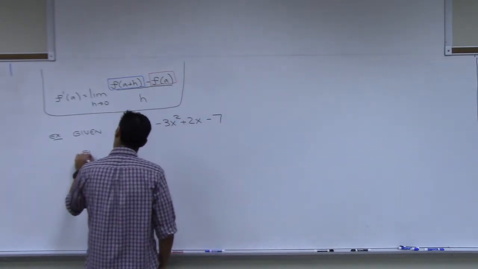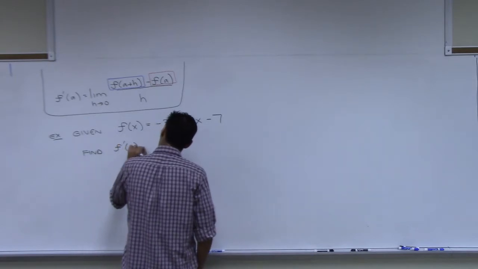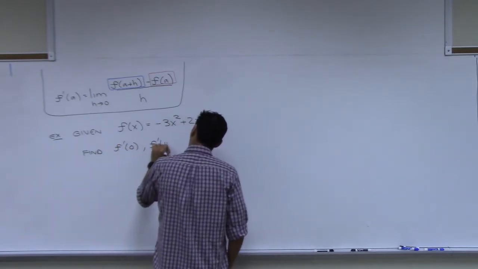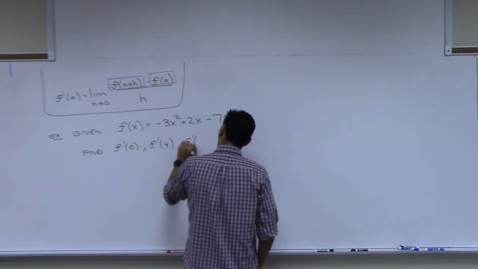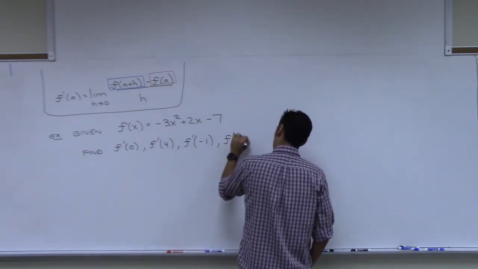Find f prime of 0, f prime of 4, f prime of -1, and f prime of -3.